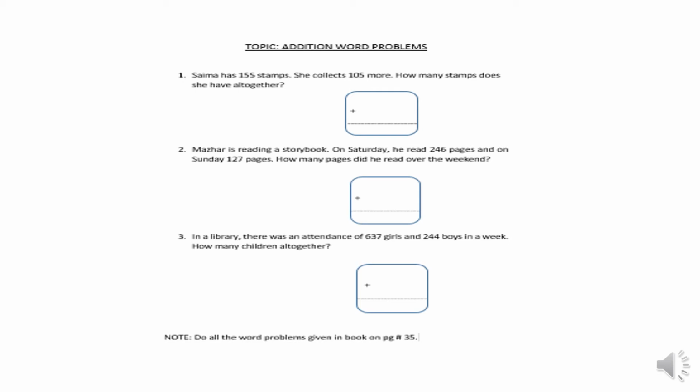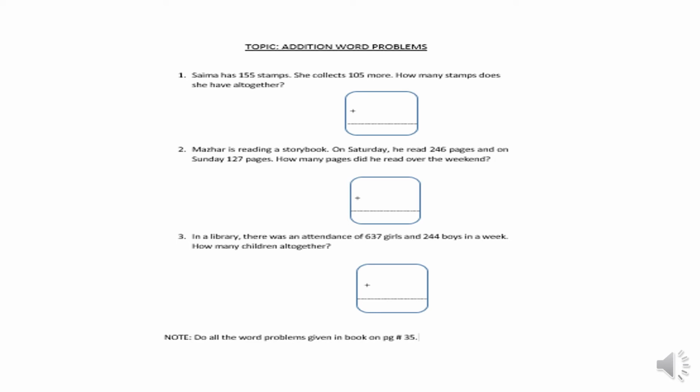246 plus 127. In ones you have 6 and 7, in tens you have 4 and 2, and in hundreds you have 2 and 1. We will start from ones. When you add 6 with 7, you get 13.